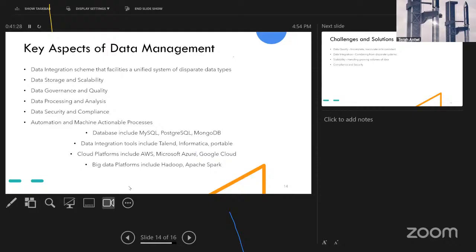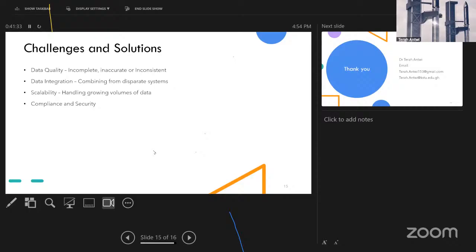Okay, so my last point before I demo a few things, I often like to demonstrate what I discuss. So the challenges we often face is data quality. So we have data that are incomplete, inaccurate, or inconsistent. When we start the mapping, we start so nice, but with the cost, we can't continue.